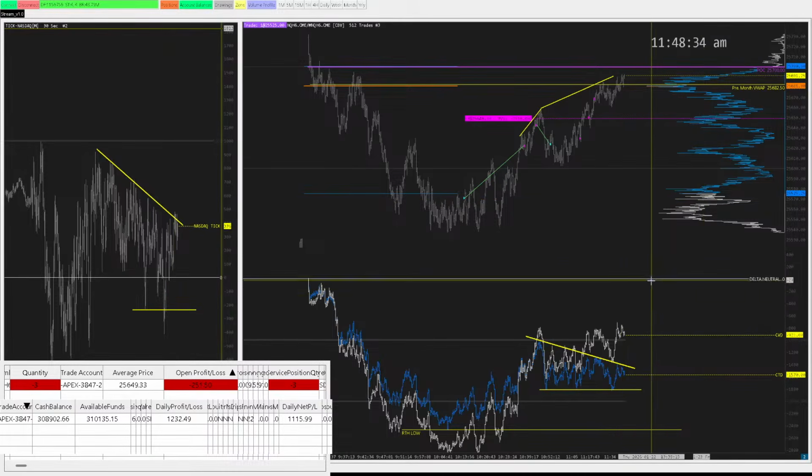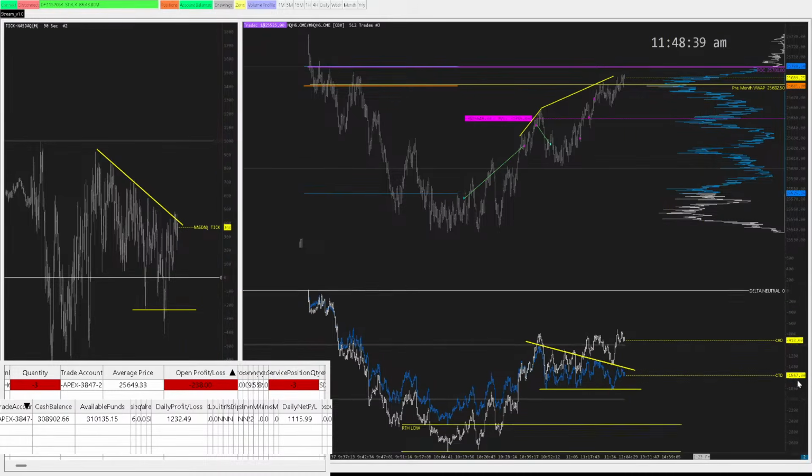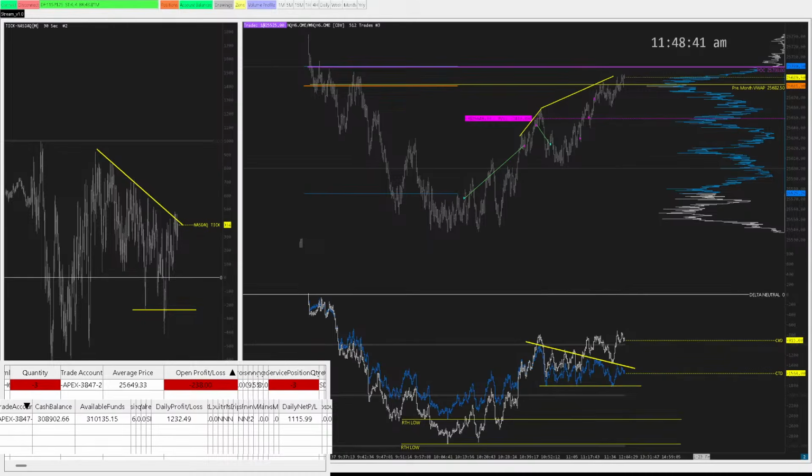I don't mind holding this a little bit more, maybe until we get up to delta neutral, to see if these guys are actually going to defend it.